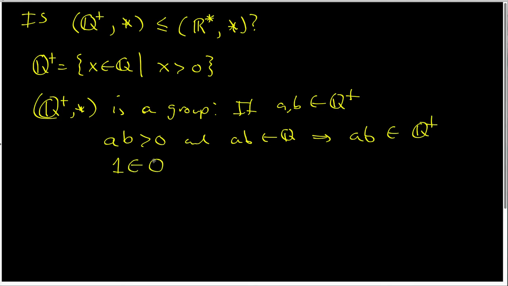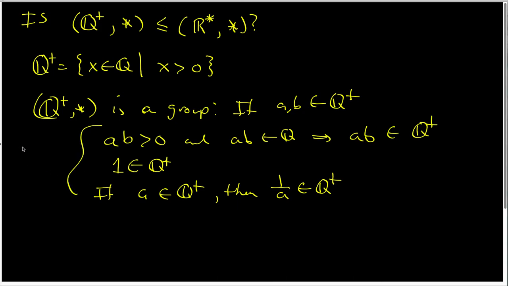1 is clearly inside Q plus, so I have a multiplicative identity, and if A is inside Q plus, then the reciprocal of A is also positive, so it will also be inside Q plus. And so all of this means that Q plus under times is a group.